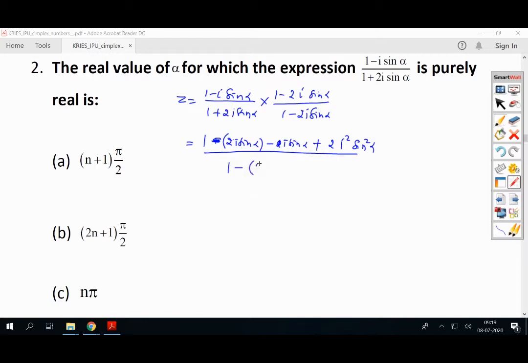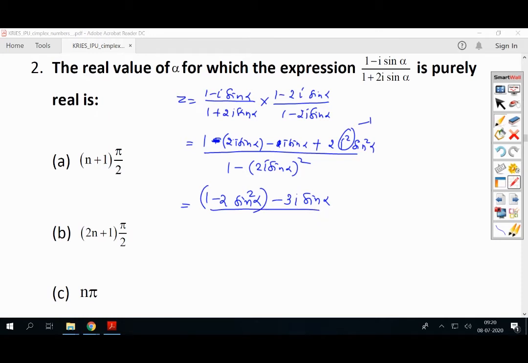Now i squared is minus 1. So it becomes 1 minus 2 sin squared alpha in the real part. We can take the imaginary terms together: minus 2i sin alpha minus i sin alpha gives minus 3i sin alpha. The denominator: 2 squared is 4, i squared is minus 1, so it becomes 1 plus 4 sin squared alpha.